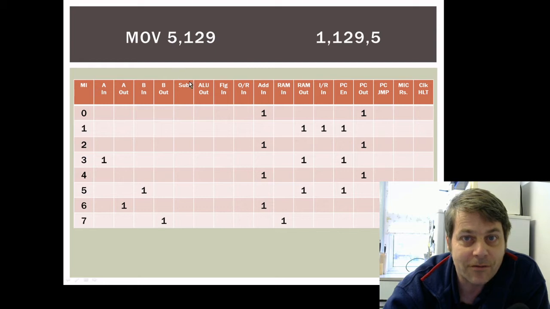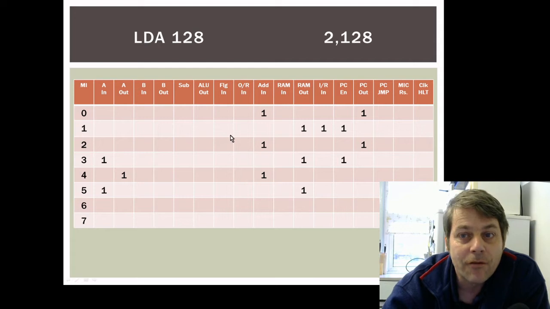We did the same thing for the other move command, only this time we're using the value 5 and putting it into address 129. For the load A, the first 2 commands are the same, the fetch part of the cycle, so address register in and program counter out, and then RAM out into the instruction register and count on the program counter.